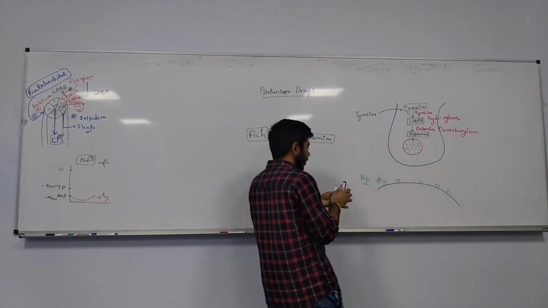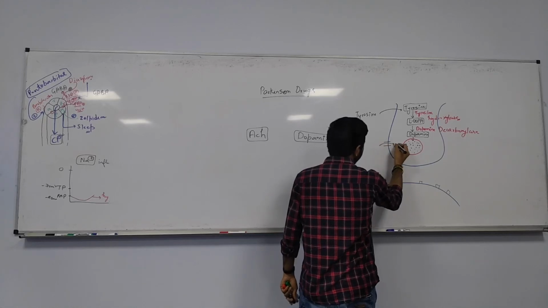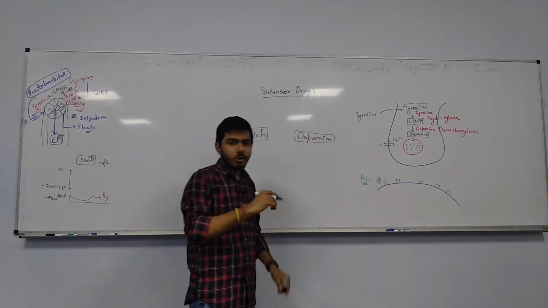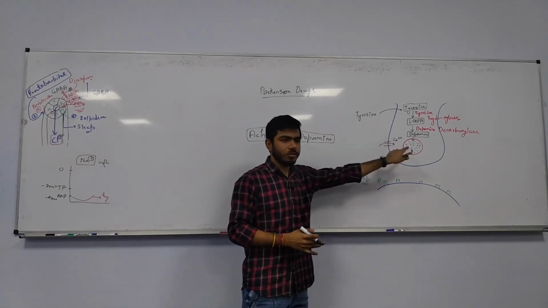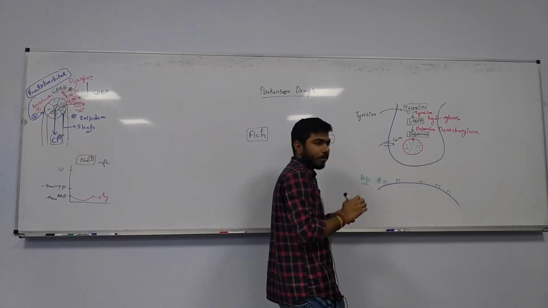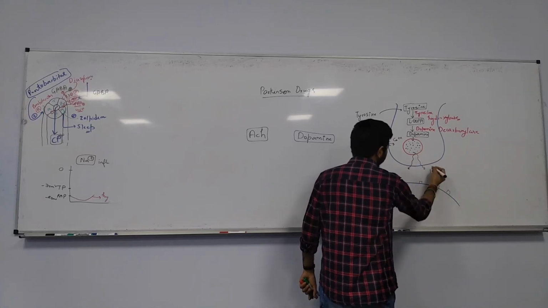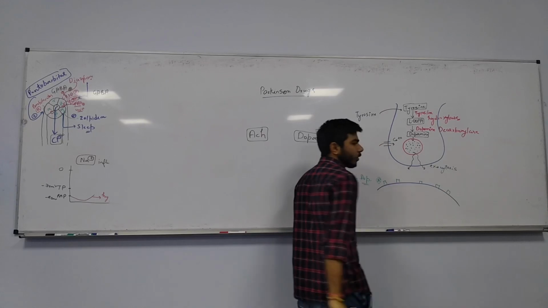Now what will be happening as the action potential comes? Influx of calcium ions. These are voltage gated calcium channels. Opening of the voltage gated calcium channel will happen, calcium ions will influx, and fusion of these two membranes will happen. Due to that, exocytosis of this dopamine will occur.